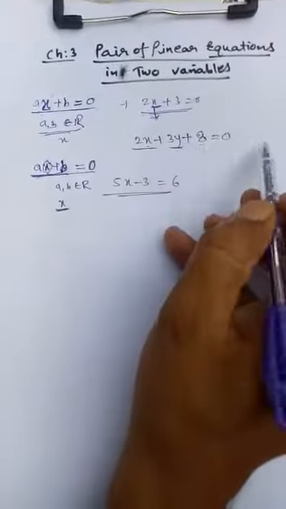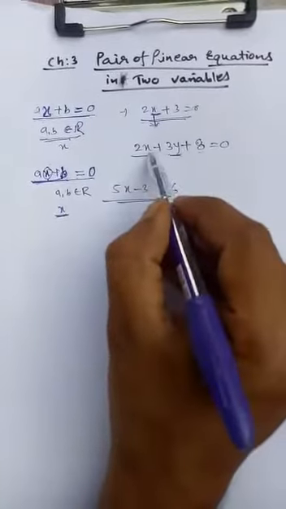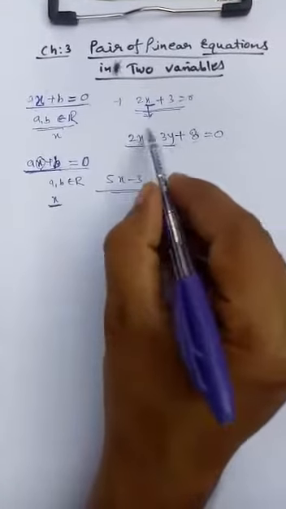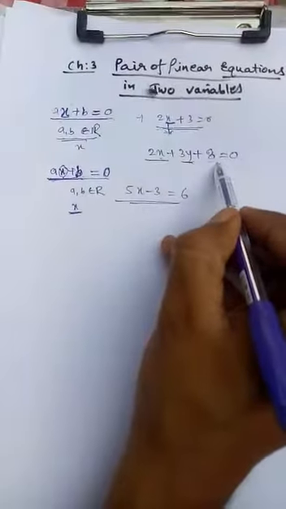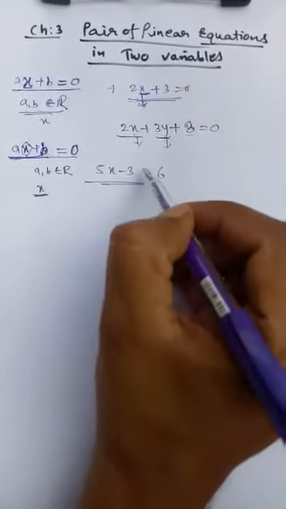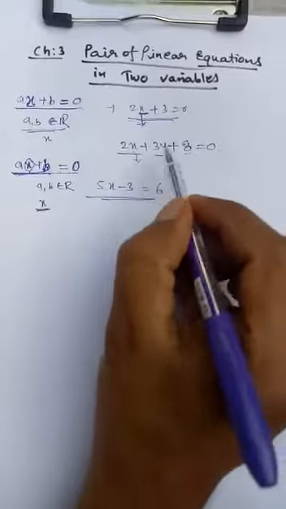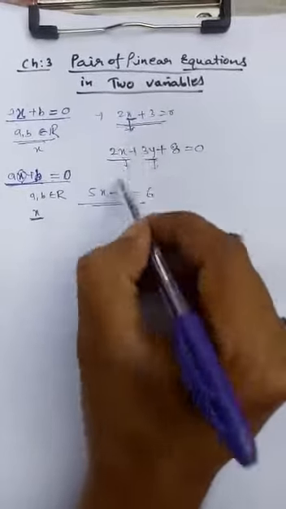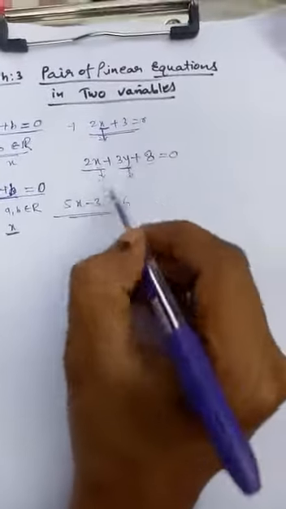Here this is an equation. Now the highest exponent of these variables is 1, so this is a linear equation. And in this equation we are using two variables, x and y, so this is a linear equation in two variables.